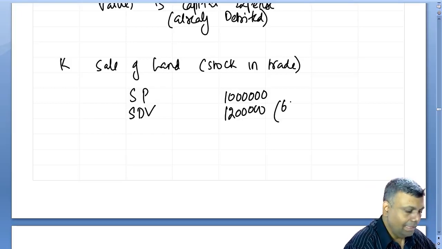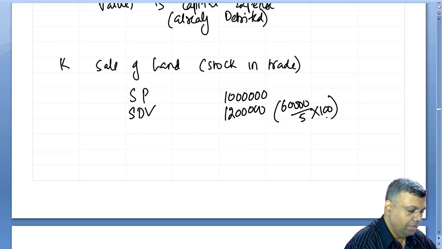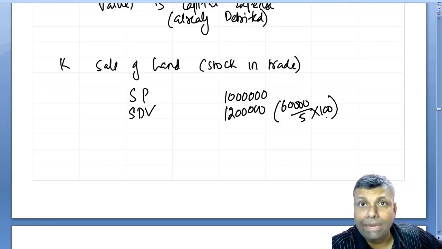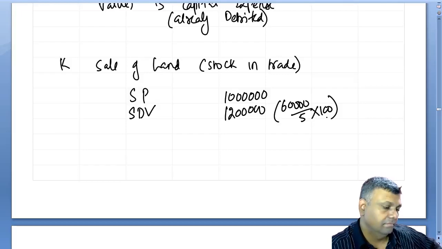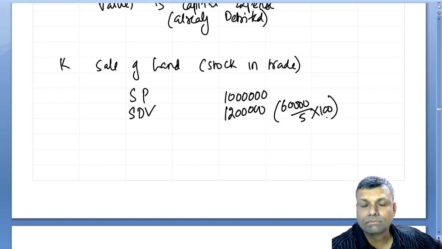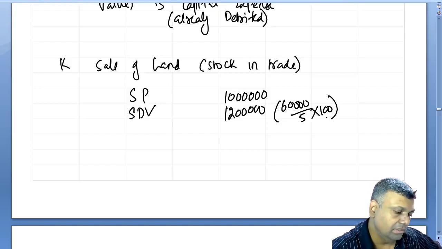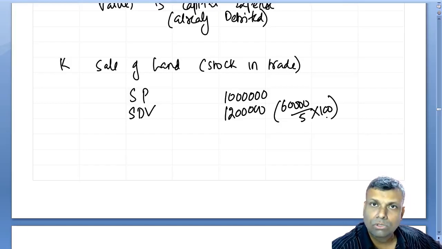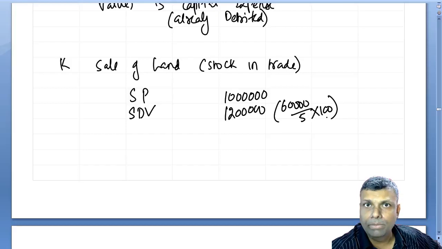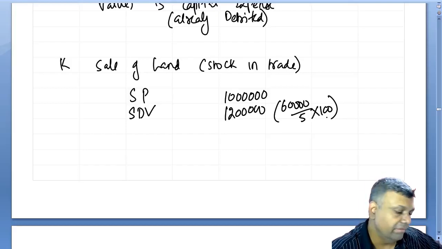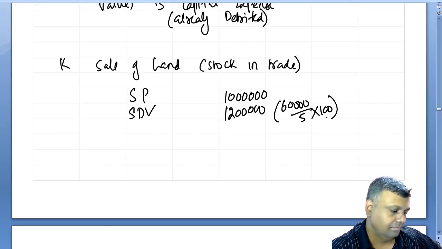How did I get the 12 lakhs? 60,000 divided by 5 into 100. Because at the rate of 5%, the stamp duty was 60,000 rupees. So what would have been the value of the property? Value of the property will be full 100% value, and that is going to be 12 lakhs.